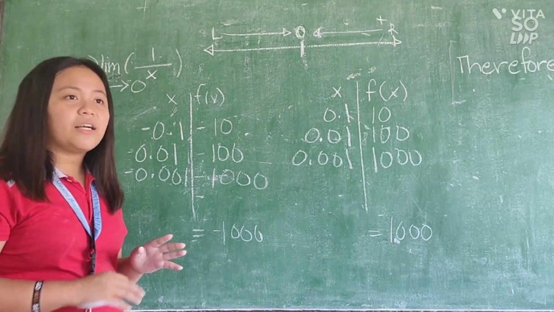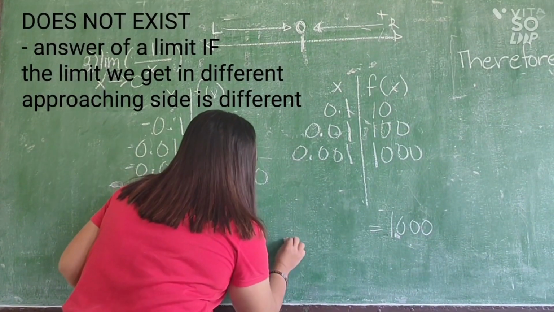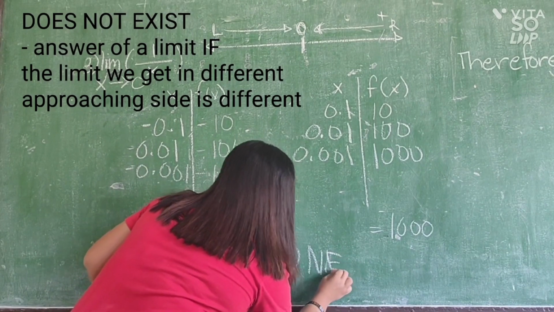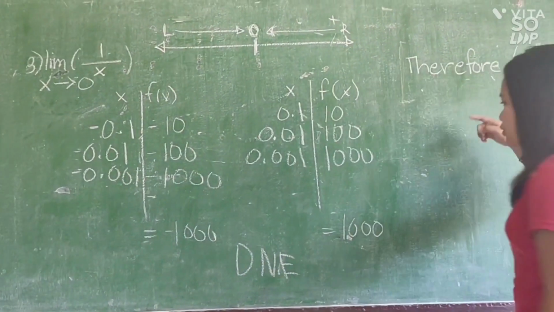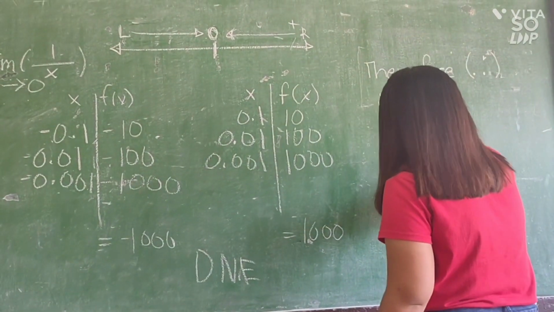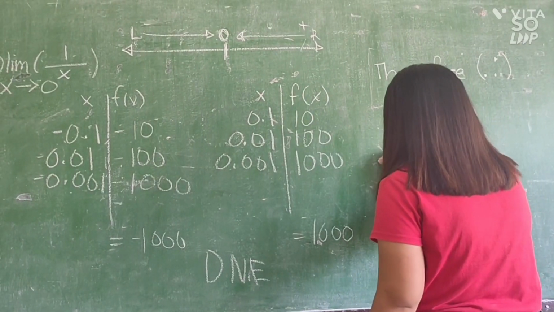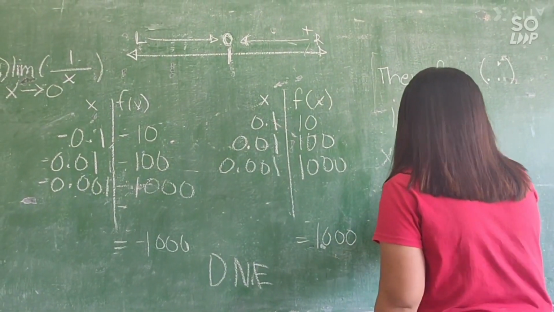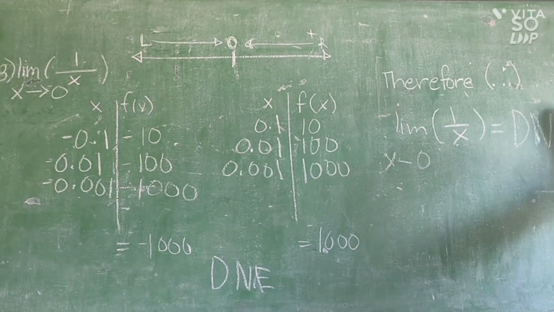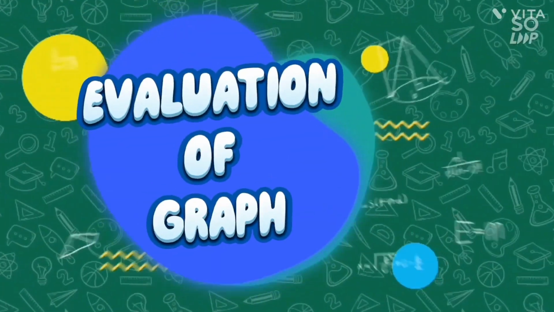And pag hindi magkaparehas ng number natin, it will be DNE, or it means does not exist. So we will put our conclusion that therefore the limit of 1 over x as x approaches to 0 is equals to does not exist. And that's all. Thank you.